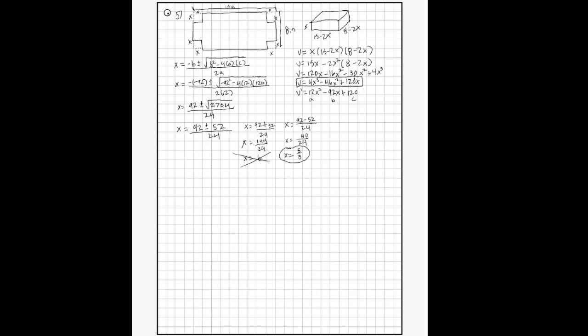so in order to find the dimensions now of this box, I take this formula and I plug x in for 5/3. So 5/3 times 2 is 10/3.